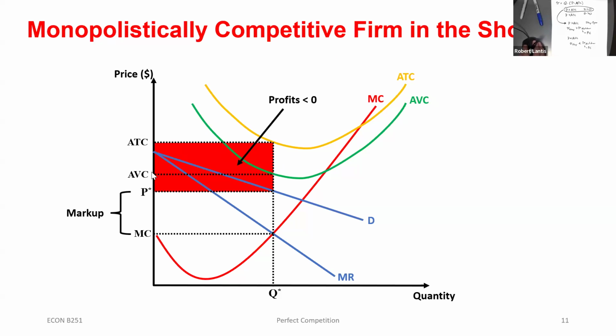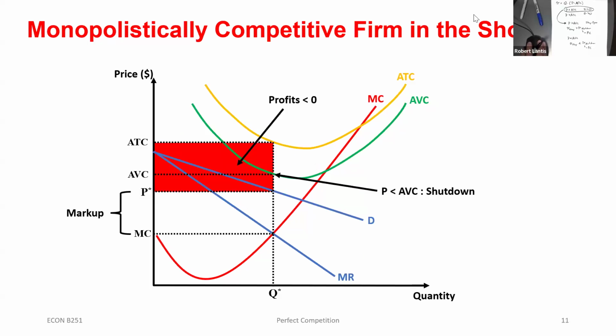So this smaller rectangle would represent negative profits if I simply shut down. Okay. So when price is below average variable cost, the profits from staying open, or this larger rectangle, will always be larger in magnitude than the profits if I just shut down, which would be this rectangle here representing just my negative fixed costs.